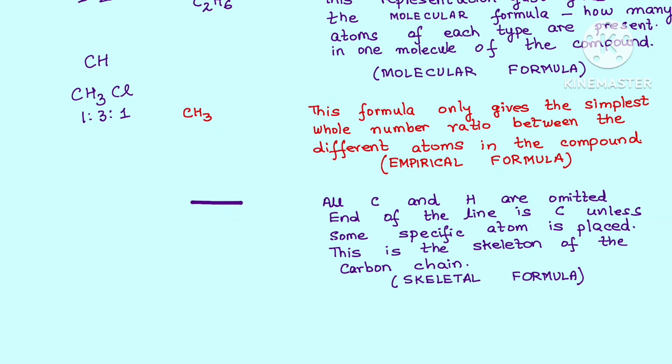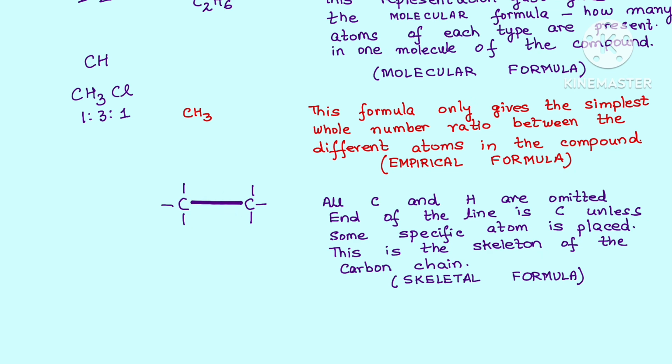Lastly, you see this line drawn over here. What does it depict? This line is indicating that there are 2 carbon atoms at the end, and the valencies of these carbon atoms are satisfied by the hydrogen atom, and these carbon atoms are joined by a single bond. This is what it shows.